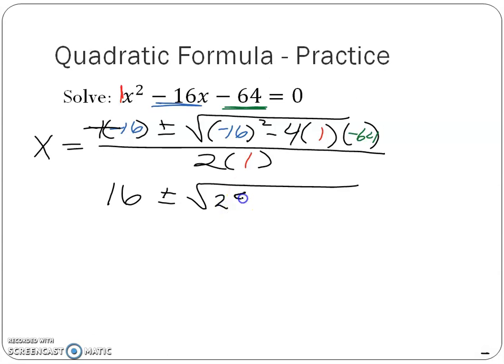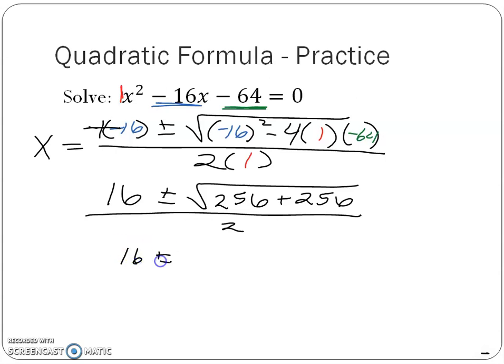Gives me 256. And then I've got a negative 4 times another negative 4 there, which gives me a positive 256. Okay. All divided by 2. 256 plus 256 gives me 512, so 16 plus or minus square root of 512, all divided by 2.